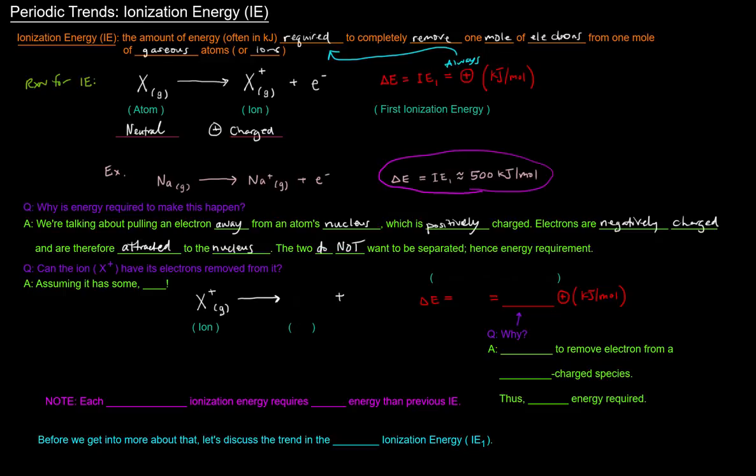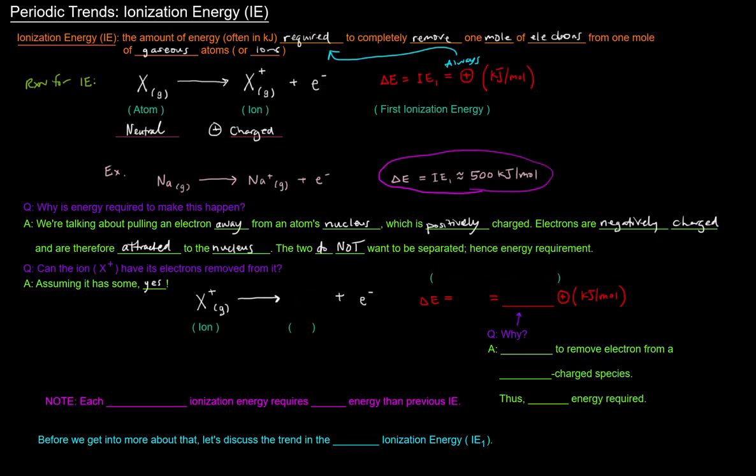Now, another question is, can the ion that results from the ionization energy reaction have its electrons removed from it? Well, assuming it has electrons left to be pulled off, then yes, that can happen. How would that look? If we have this X+ in the gas form and we rip off an electron, we lose another negative charge.